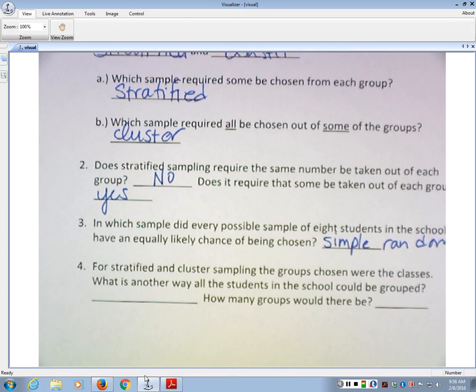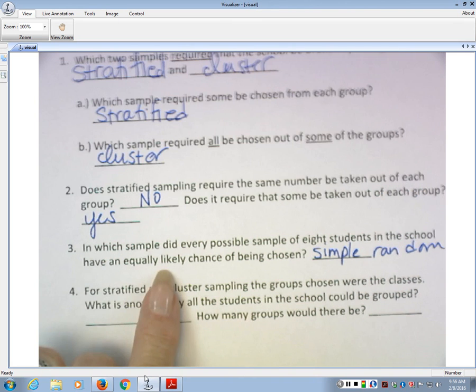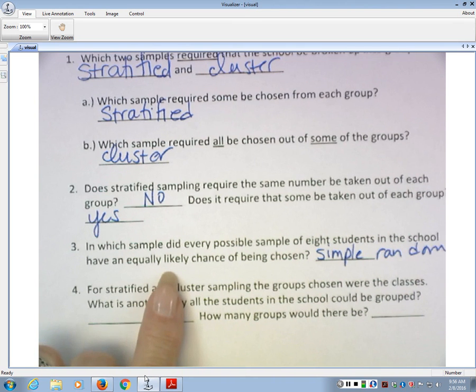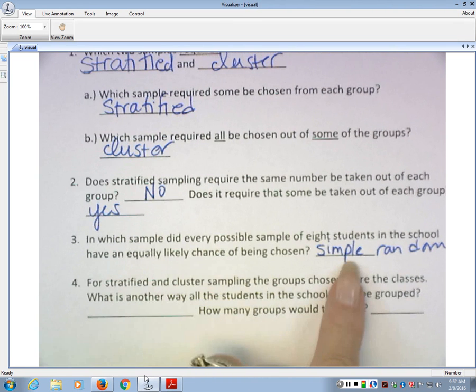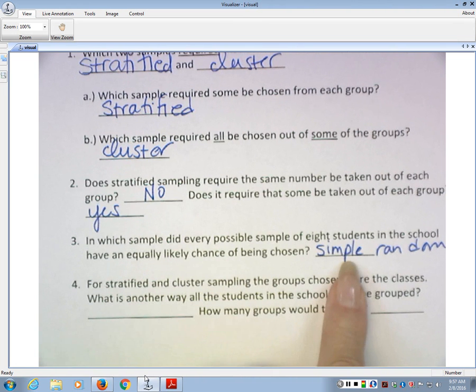And depending on how we actually started, we might not have gotten a group of 8. If we did a convenience sample, yeah, you got a group of 8, but not every student had an equally likely chance of being chosen because, whether you intended to be or not, you were biased in your choices. So the only one that guaranteed every possible sample of 8 students in the school had an equally likely chance of being chosen was simple random.